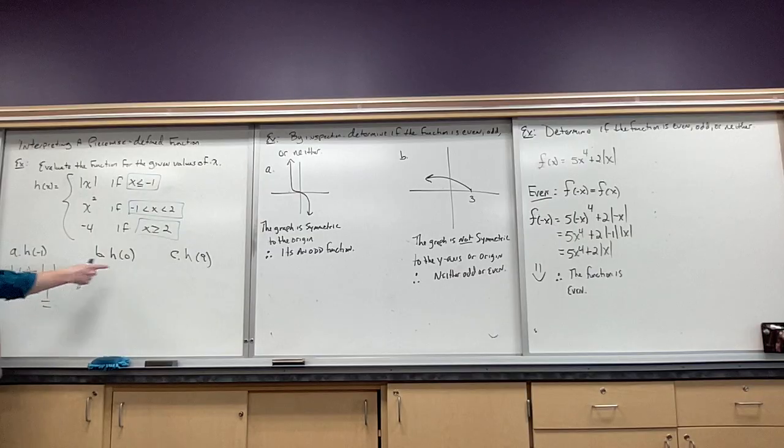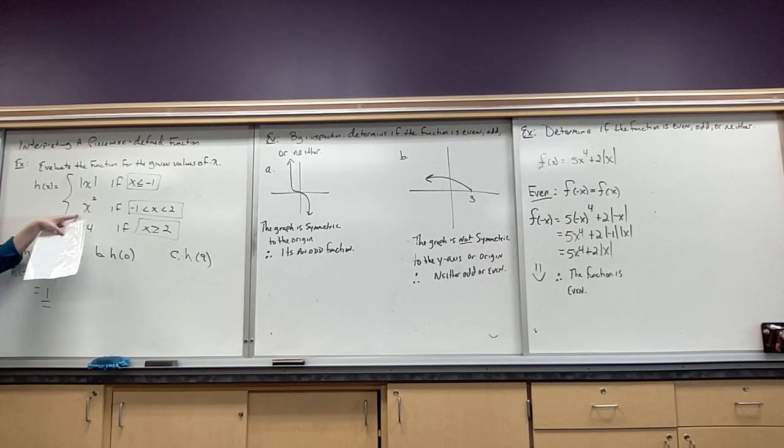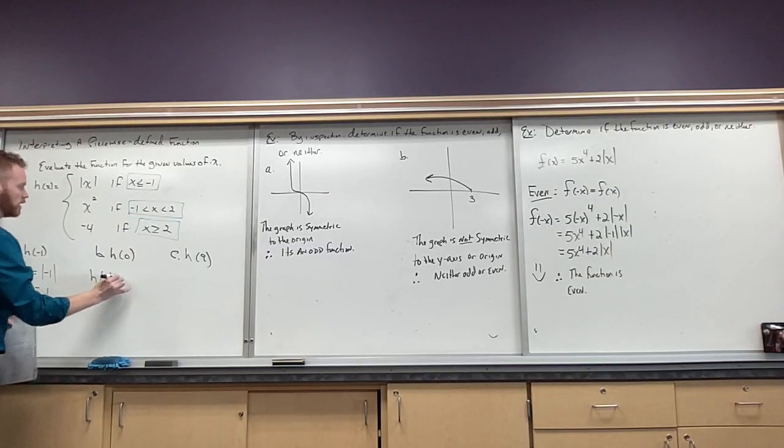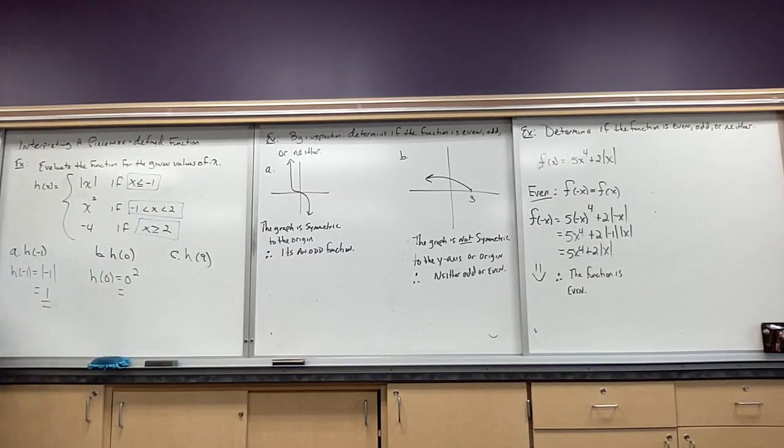Okay, next, h of 0. So which one of these does 0 belong in? This one, right? Yeah, because 0 is between -1 and 2. So h of 0 is equal to 0 squared, and that's just 0. Gotta love 0.